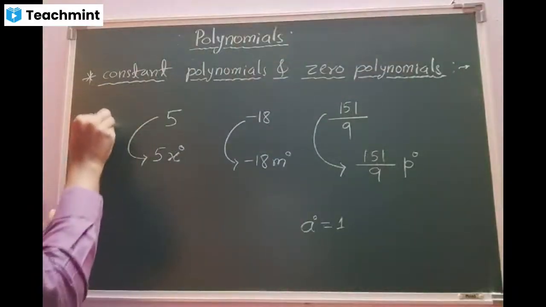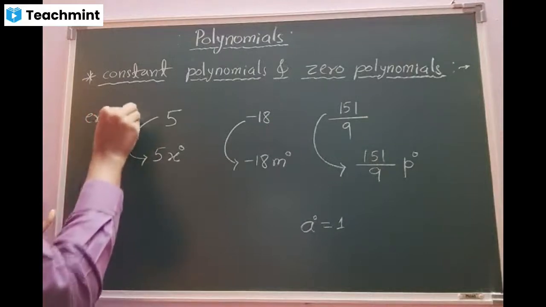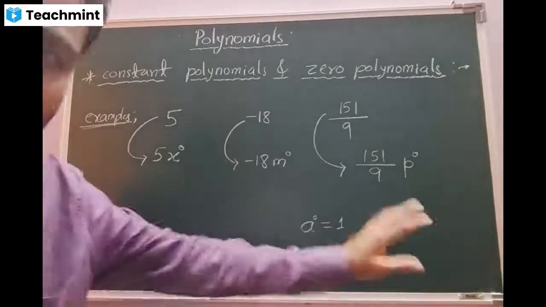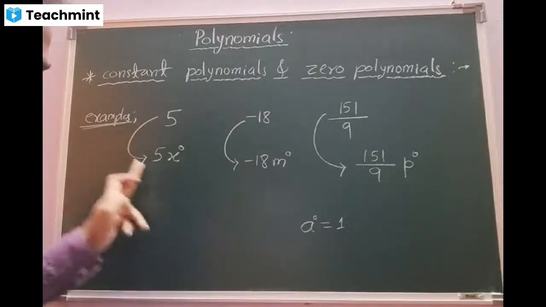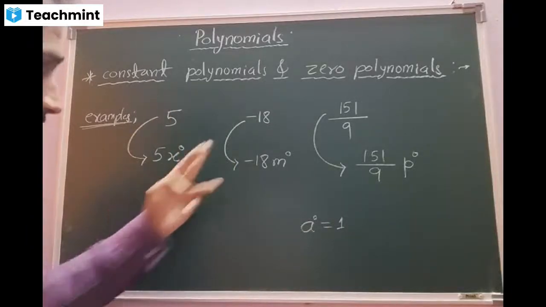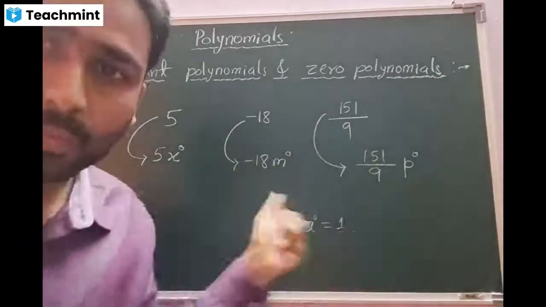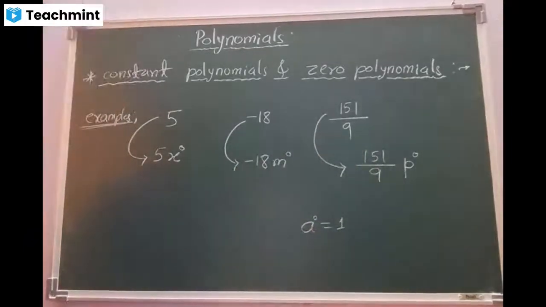Right below, examples. Copy the same in the same manner. First write 5, show it like this. Write minus 18, show it like this, and this like this. Copy fast. Quick.